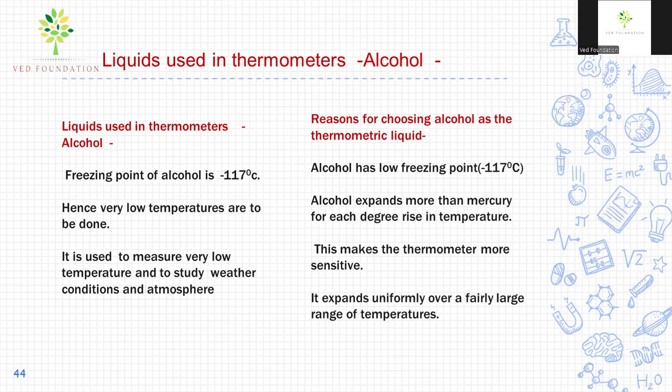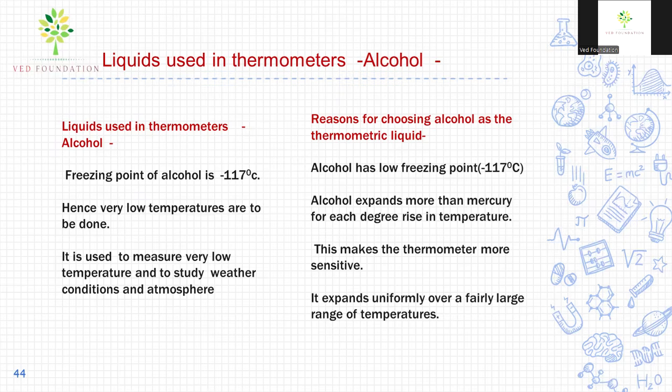Reasons for choosing alcohol as the thermometric liquid. These are the reasons for choosing alcohol in thermometer. First, alcohol has very low freezing point. Alcohol does not freeze easily and its freezing point is minus 117 degrees Celsius. And that's why we can measure very low temperature using alcohol thermometer.